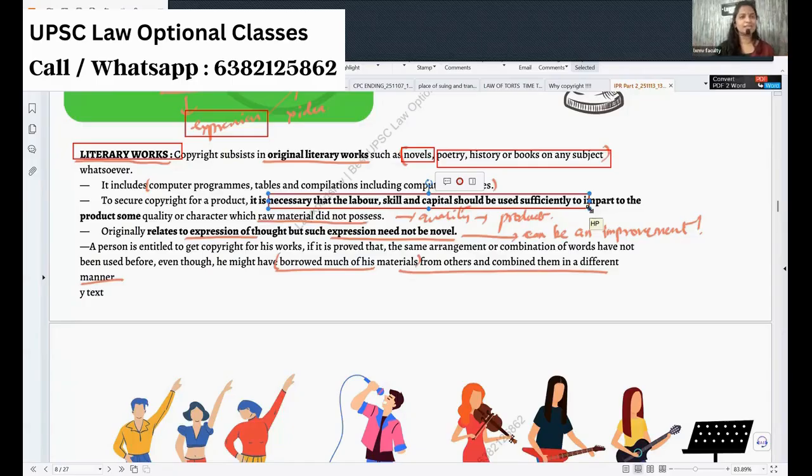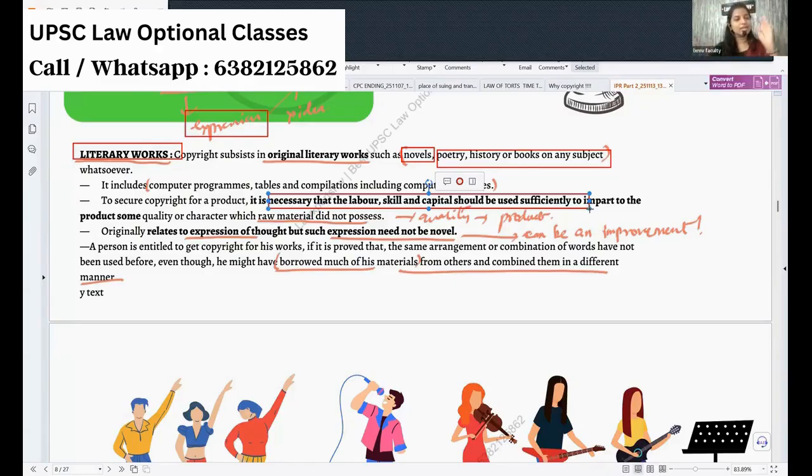So what does Law Experts do? We compile these standard books, take what UPSC is very keen about, make a compilation and simplify them, take it as a class, make it into notes. Yes, they are from the standard books. But through the labor, skill, and capital invested, we transform them to be exam ready, especially for the UPSC law optional exam. So we get the copyright.